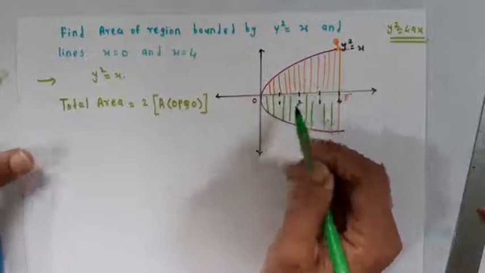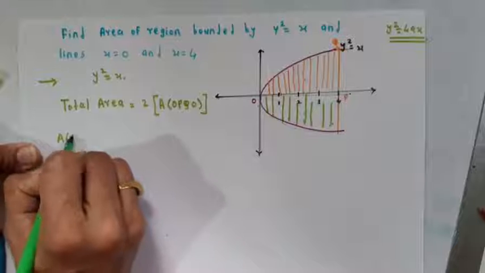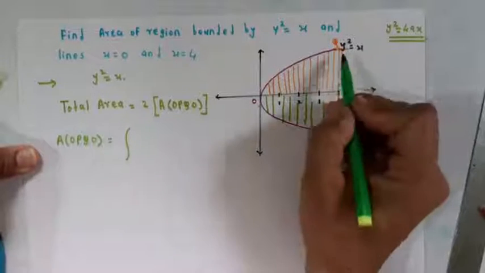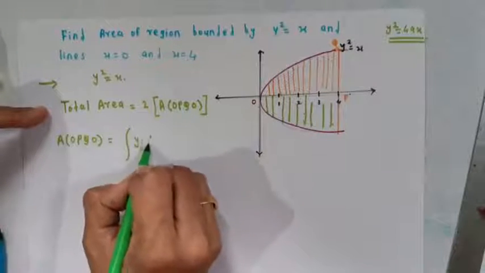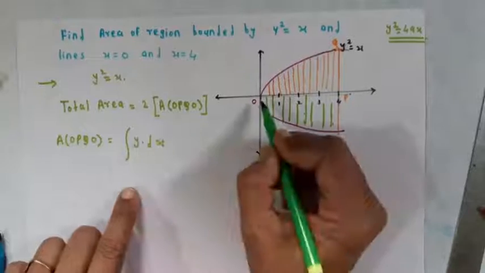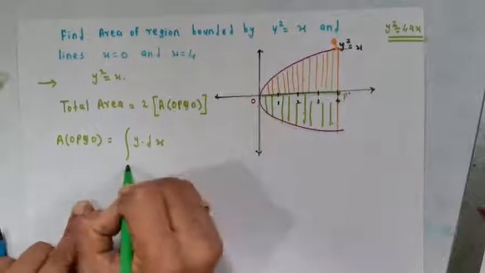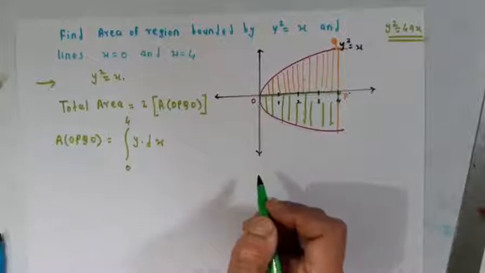So here the area OPQO means the curve. What is the curve? Y square equal to x. So here y with respect to x, and limits of integration from x equal to 0 to x equal to 4. Okay, in this way.